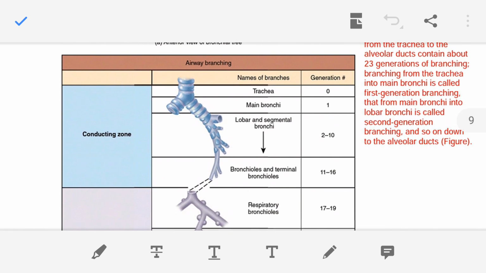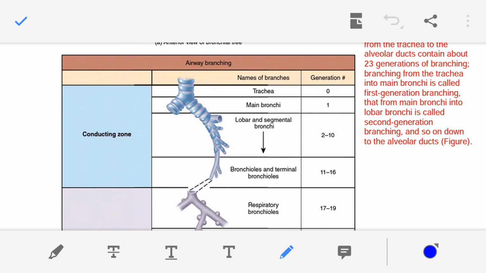We start the entire bronchial tree with the trachea, so the trachea is generation 0. The trachea divides into left and right main bronchi, so the left and right main bronchi are the first generation.